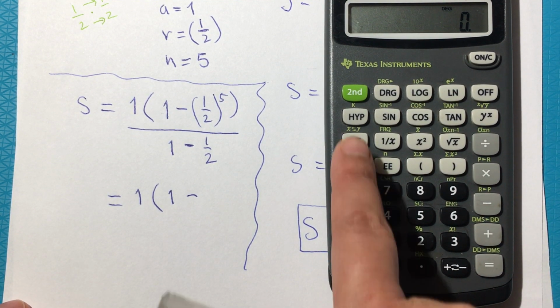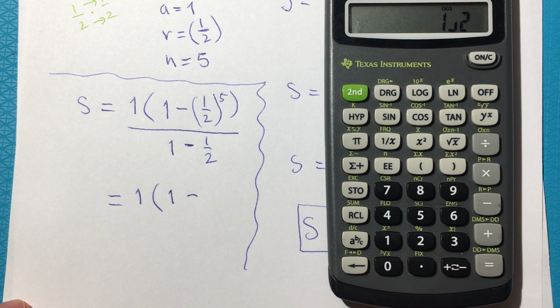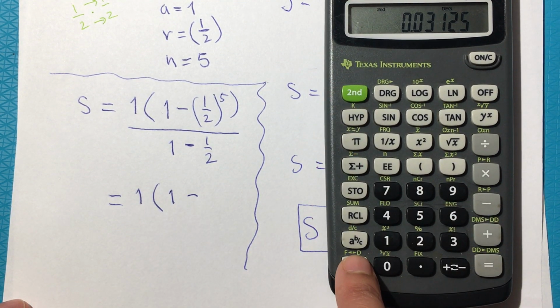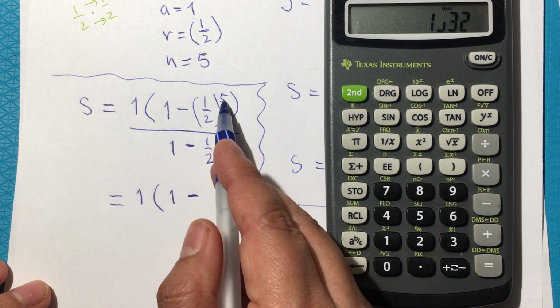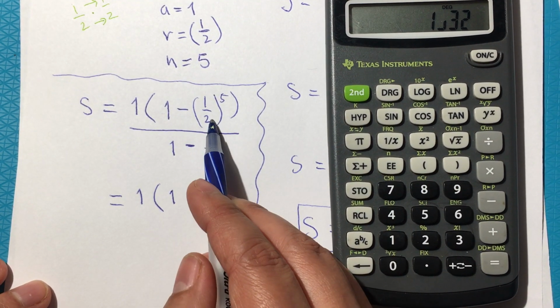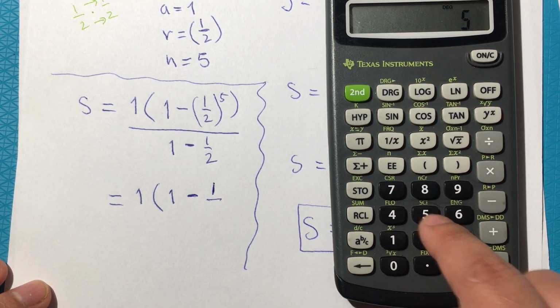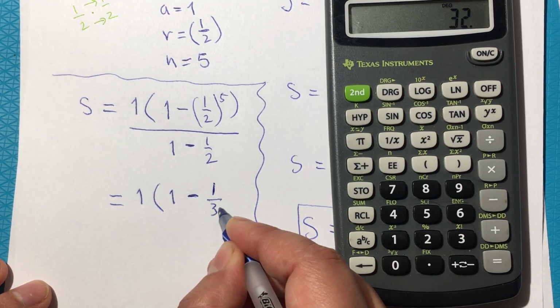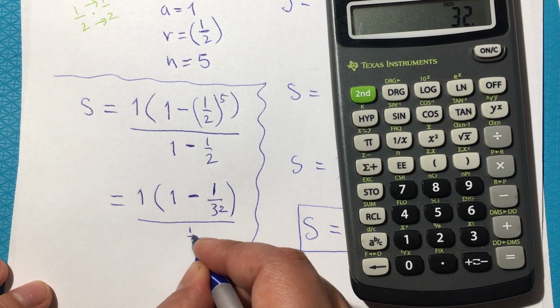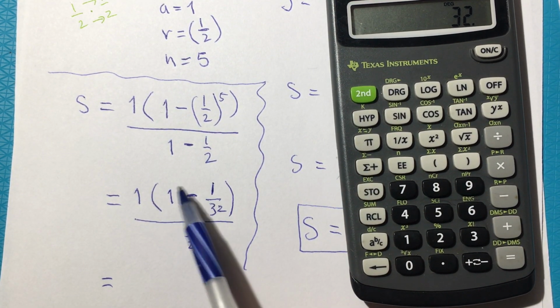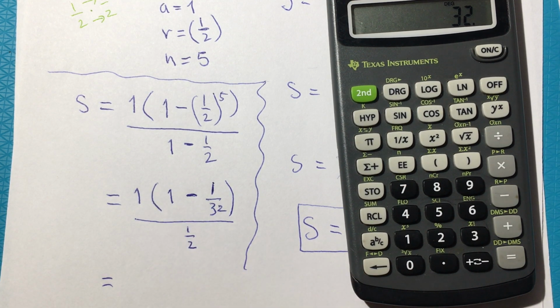It's a lot of buttons, but it's 1 over 2 to the 5th power. And to convert it to fractions, you just press in here. Or you could have said, minus, and then 1 to the 5th power is 1, and 2 to the 5th power, that's another way to do it. And it's 32, so 1 over 32, all over 1 minus 1/2, which is 1/2. And anything multiplied times the 1, you can just get rid of that 1 already.